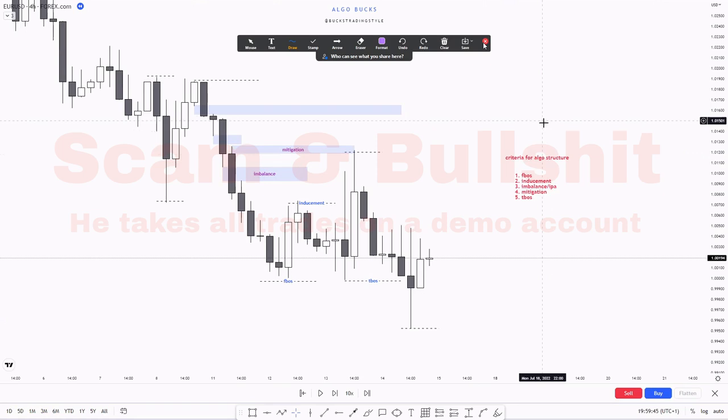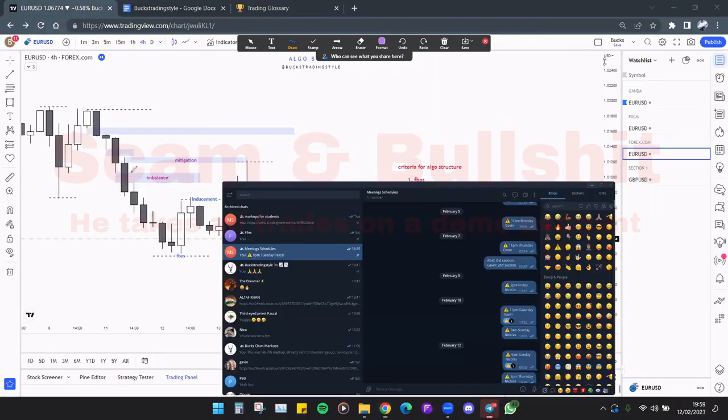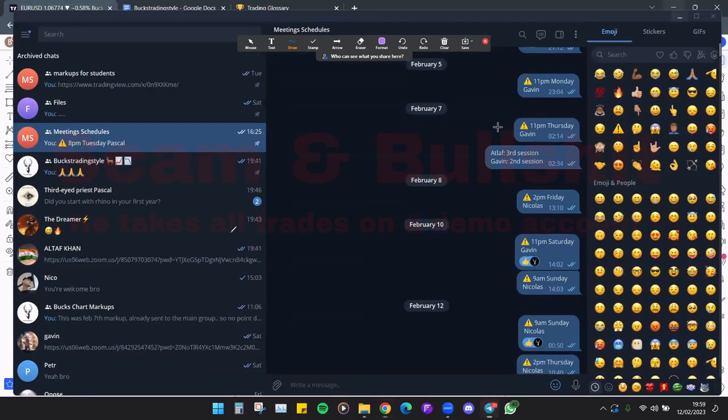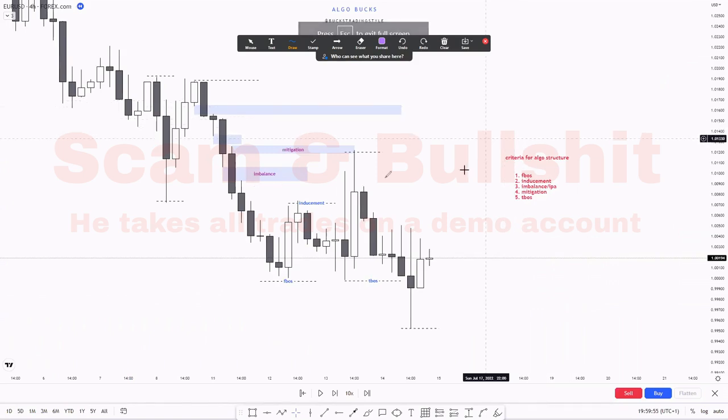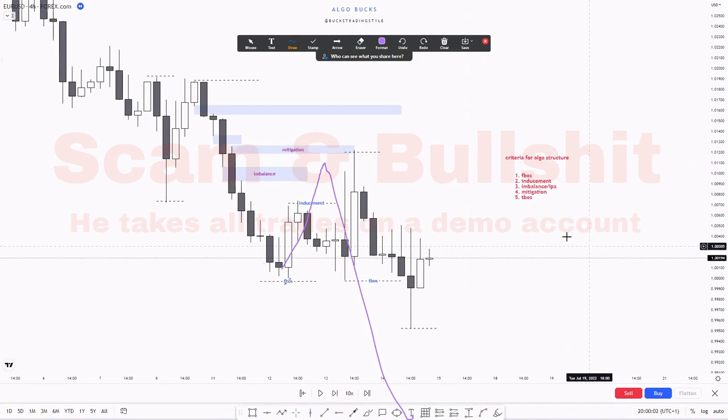Structure. Let me say this. If it does this, it is not valid, because remember, for us to take trades, we want to see liquidity get taken out.